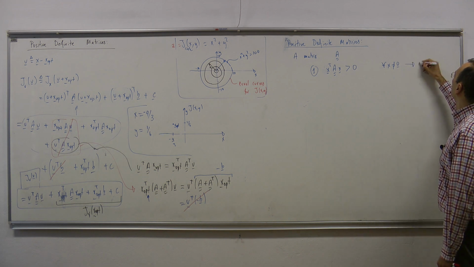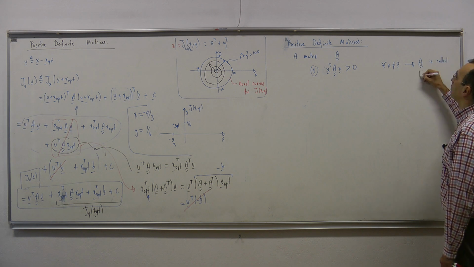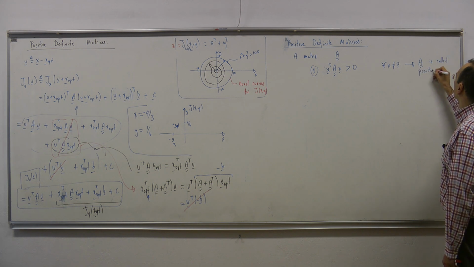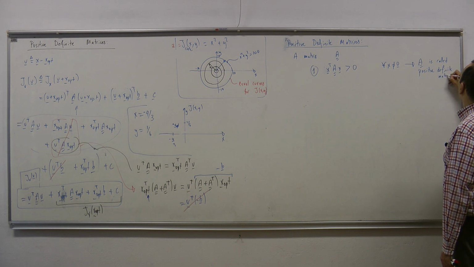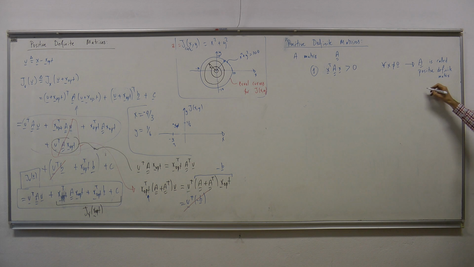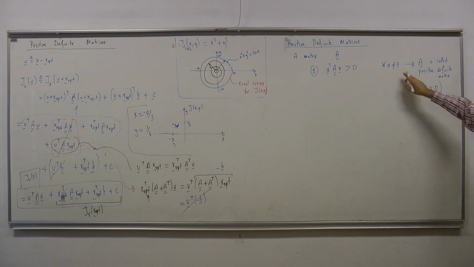Then A is called a positive definite matrix. And there is a symbolism for this, A greater than 0. This is a notation, but please, I am not comparing anything. This is just a notation saying that this is true for all x not equal to 0 vector. Okay? This is called a positive definite matrix.